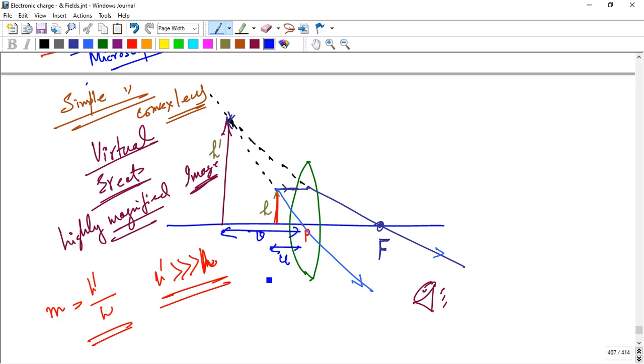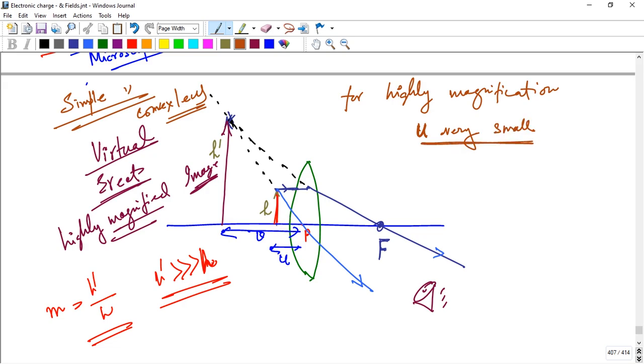For a good microscope, for high magnification, we need u very small. The object distance is very small and v very high. Image distance is very high for a good microscope.